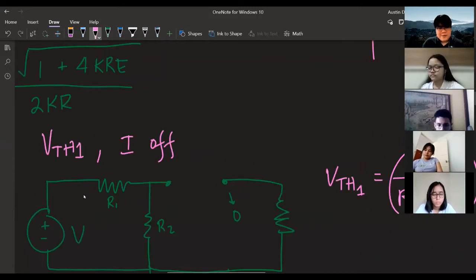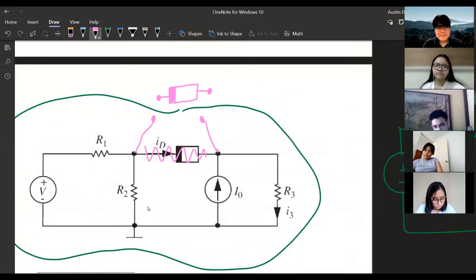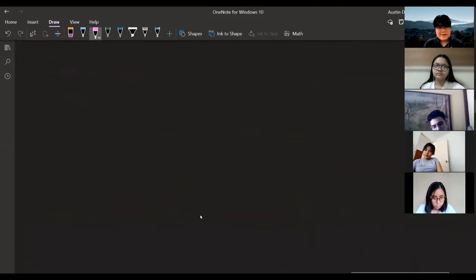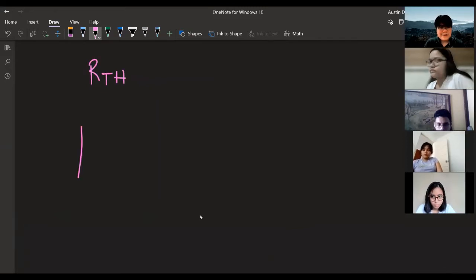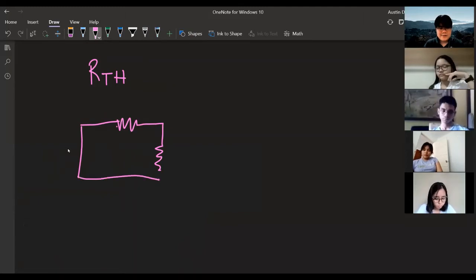And then RTH. For RTH, ang gagawin mo, papatayin mo lahat ng source. Tama. Patayin nyo lahat ng source. So redraw natin para hindi tayo naguguluhan. RTH would be turning off all sources. So yung left hand na source natin, yung voltage, naging short circuit na lang. And then you have something like this. Ito na-detach yung current source.